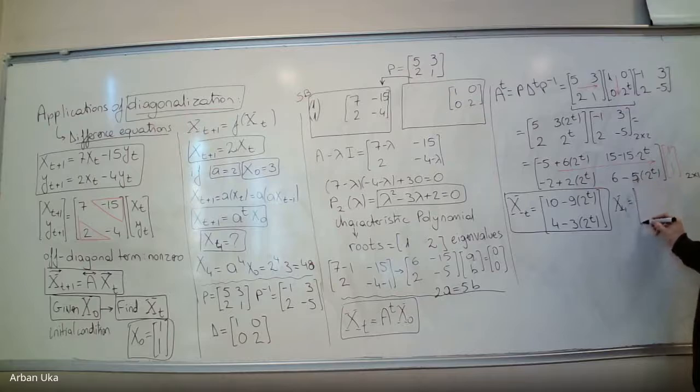Then this would be equal to 10 minus 9 times 2 to the power 4, and 4 minus 3 times 2 to the power 4. Then the numbers will give to us 2 to the power 4, it's 4 times 4, 16. 16 times 9, this is 144.